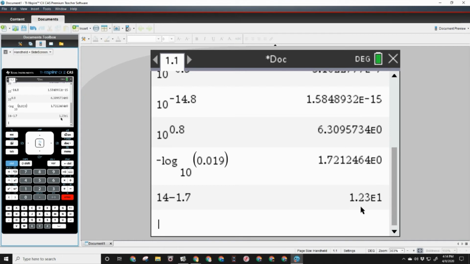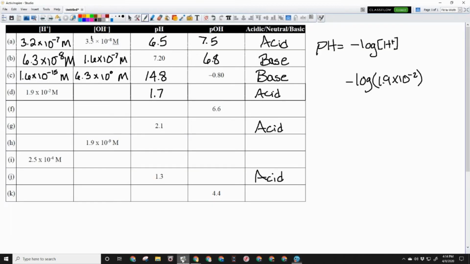So you have to move your decimal over 1. So it's 12.3. Because remember, this plus this has to equal 14. So 1.2 plus 1.7 does not equal 14. Okay, so remember, pH plus pOH equals 14.